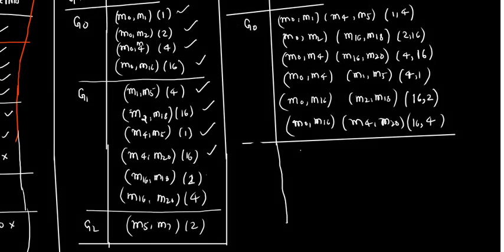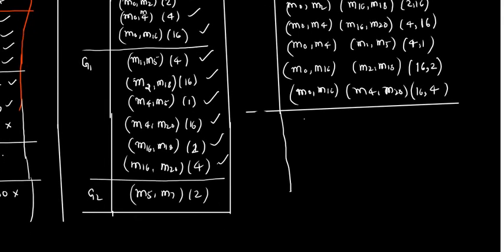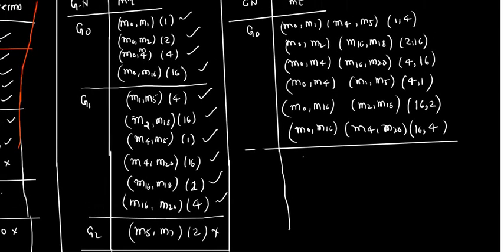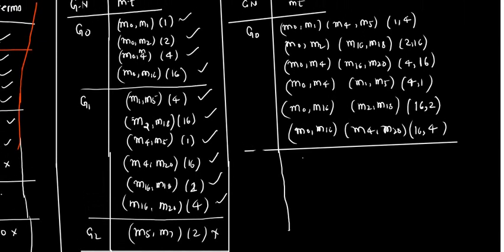Yes. M16, M20, yeah, this. Have we covered M5, M7? I think no. Let us see. M5, M7, no. M5 is covered. M7 is not covered, right?